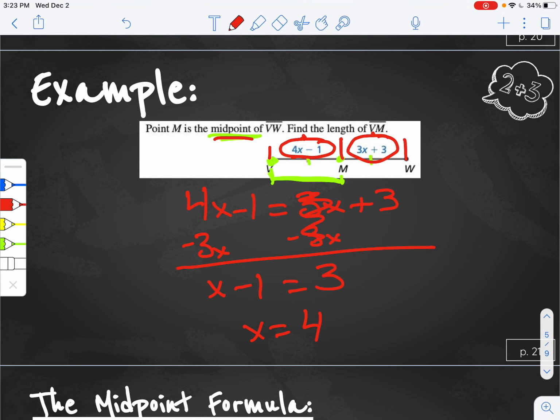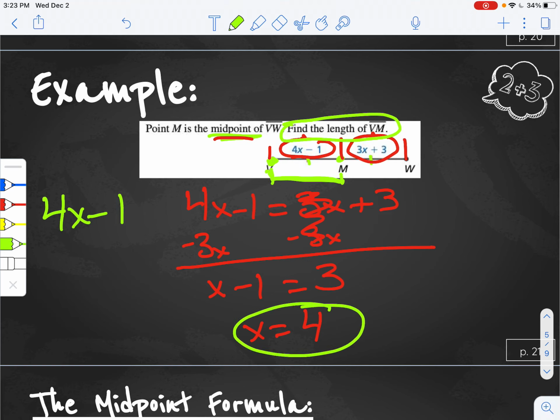So we find out that x equals 4. A very easy distracting answer on a test would be to have 4 on there if it's a multiple choice question, but the directions say find the length of VM. So the length of VM is 4x minus 1.